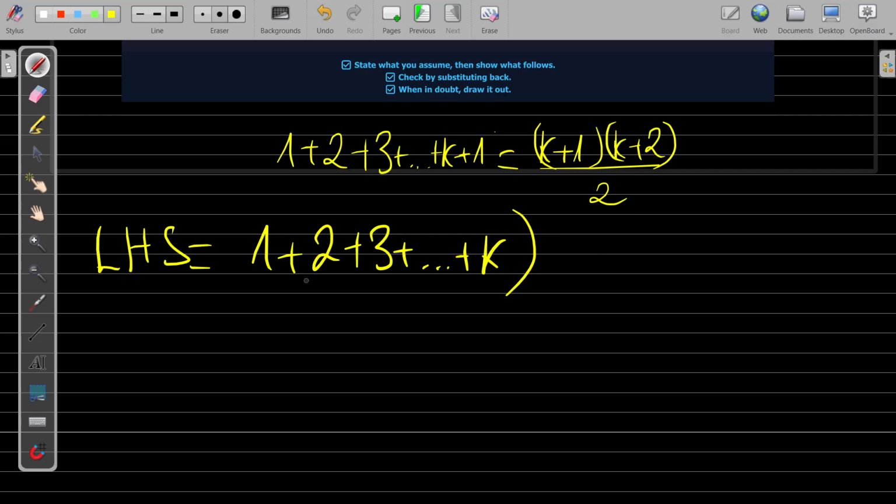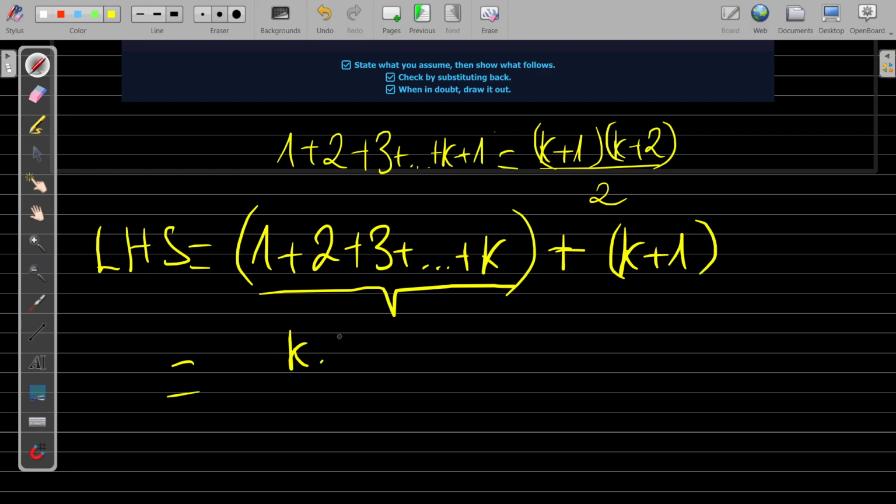Okay, we're going to group this together, and then we're going to isolate the k plus 1 to be the last term, or the last one that's going to be added, because we want to utilize this as equals to k multiplied by k plus 1 over 2 plus k plus 1.